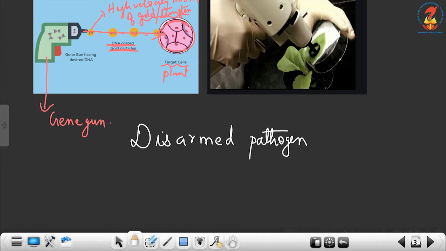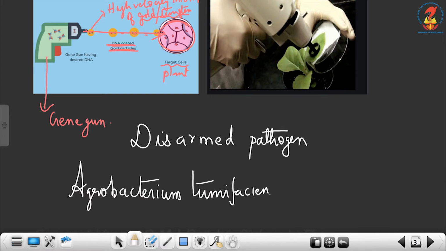Okay. So, we know the bacterium Agrobacterium tumefaciens. It causes tumors in dicots mainly. So, what we are doing, we are manipulating this Agrobacterium tumefaciens.